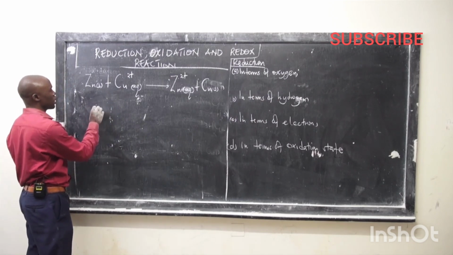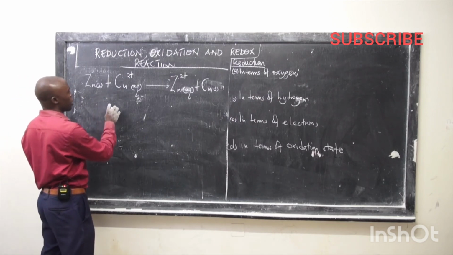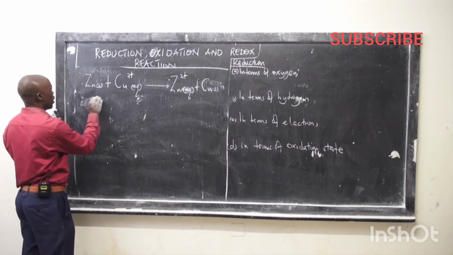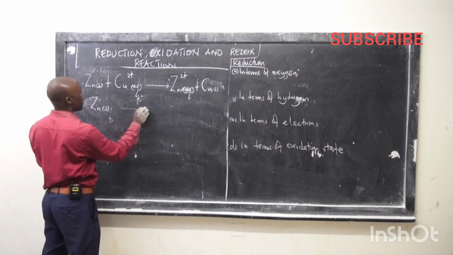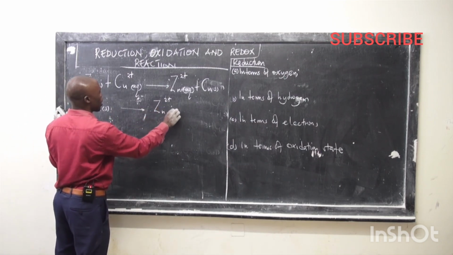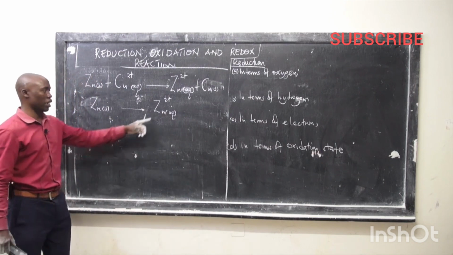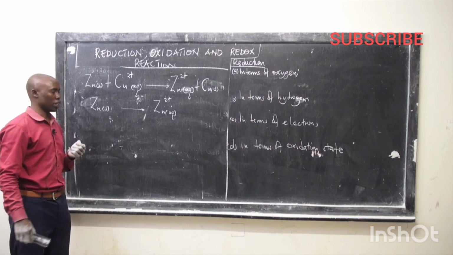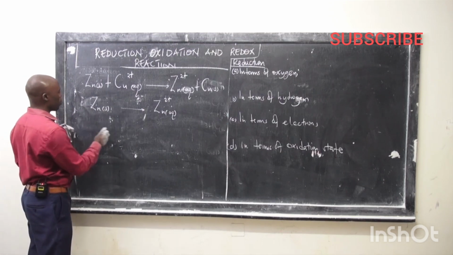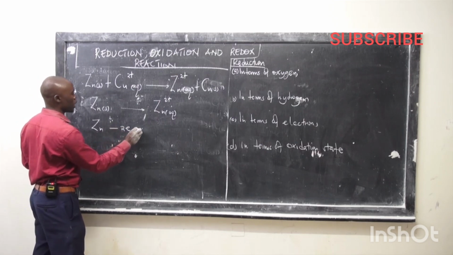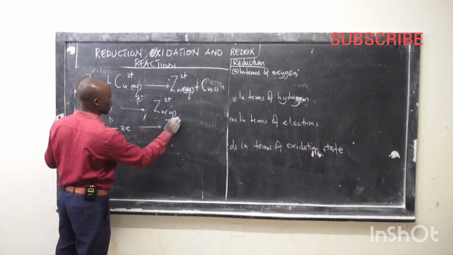Now, let's try to pick out only zinc here. Zinc will have turned into zinc 2+ ions, and you are aware that to form a positive ion involves loss of electrons. Mathematically, we would write Zn minus 2 electrons to give us zinc ions.